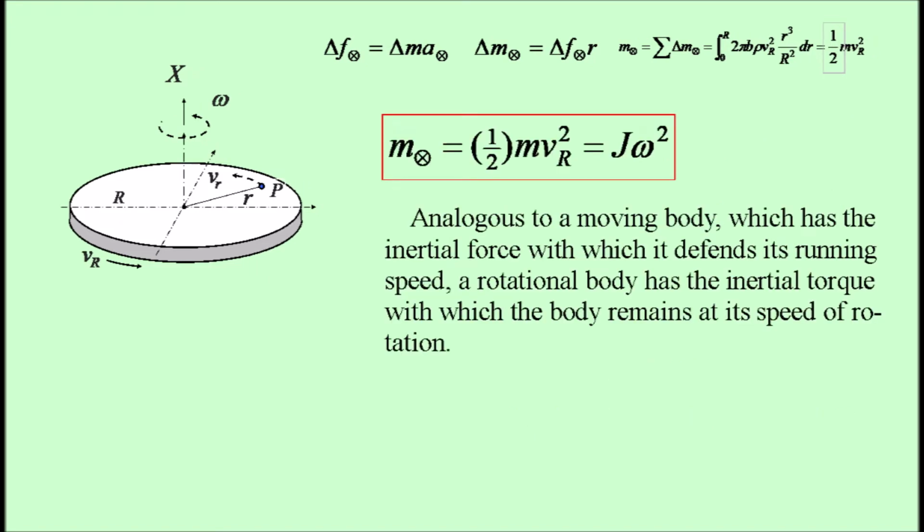Analogous to a moving body, which has the inertial force with which it defends its running speed, a rotational body has the inertial torque with which the body remains at its speed of rotation.